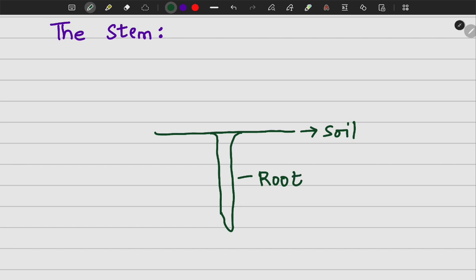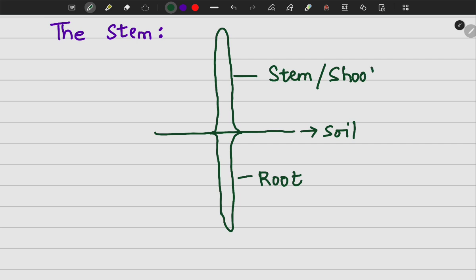Similarly, opposite to the root is the stem, which grows above the soil. So, the stem or the shoot is the part of the plant which grows above the soil, or it is the aerial part of the plant, the stem or the shoot.